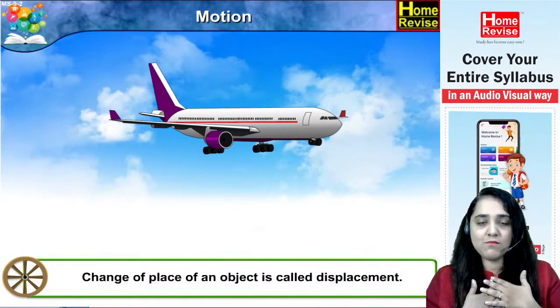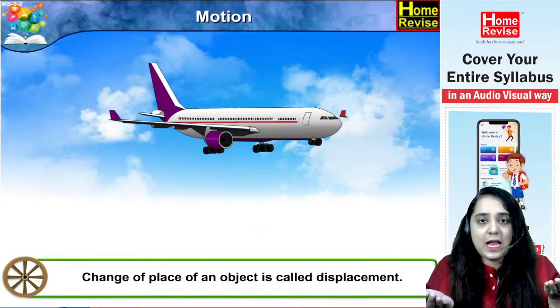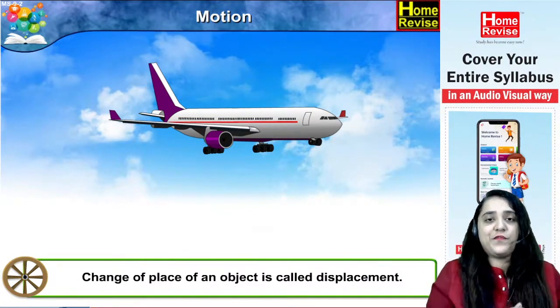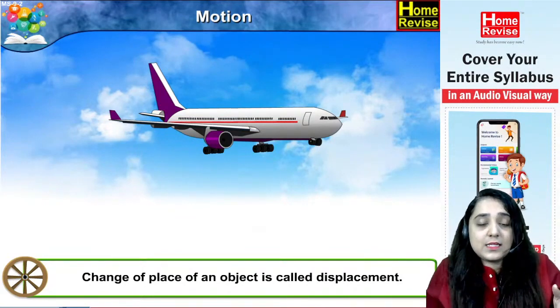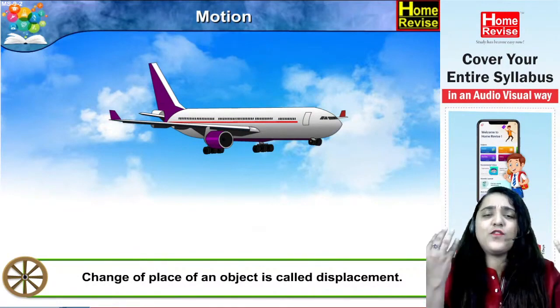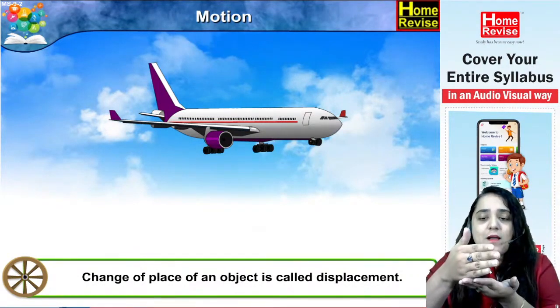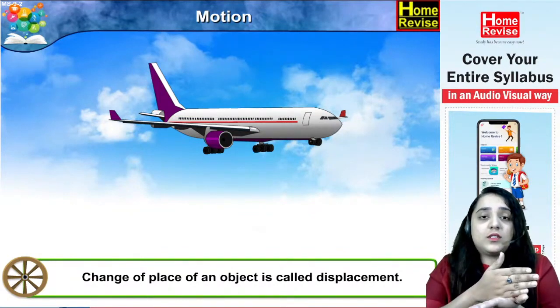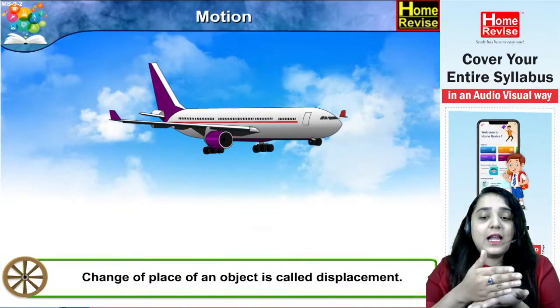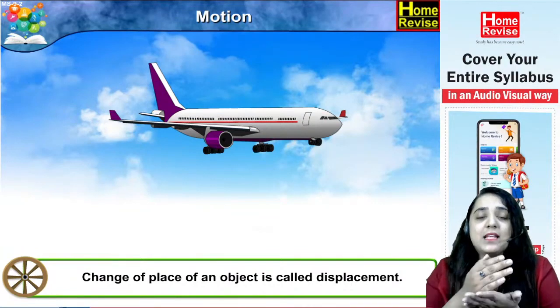If I am sitting here, and I stand, move and sit at a different place, I will change my place. So when any object moves from one place to another, we say that the place got changed. We say that it is a displacement.